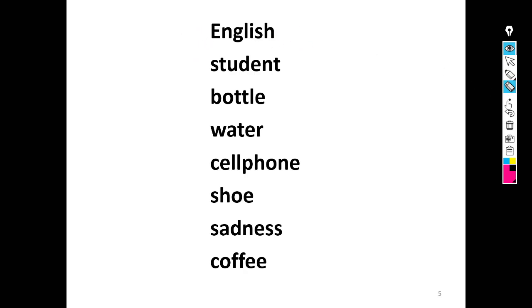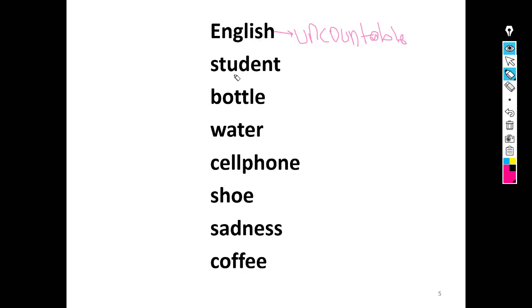So, if you cannot count 1, 2, 3, 4, it means it is uncountable. Okay? So, this one is uncountable. I'm sorry, it's a little bit difficult to write here, but you can understand. We cannot say Englishes or a English.